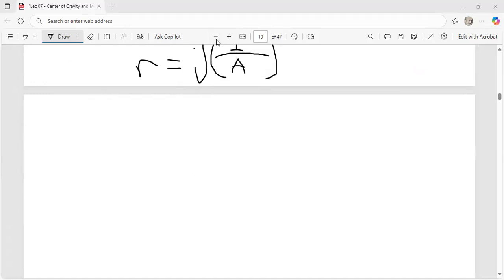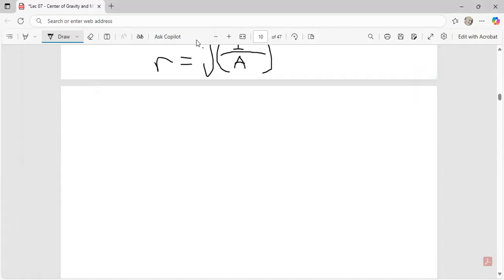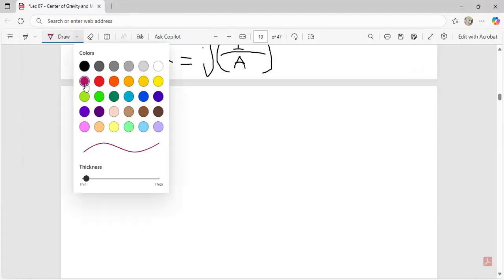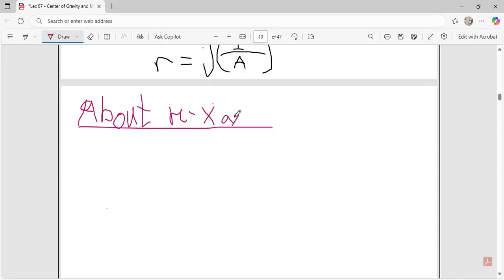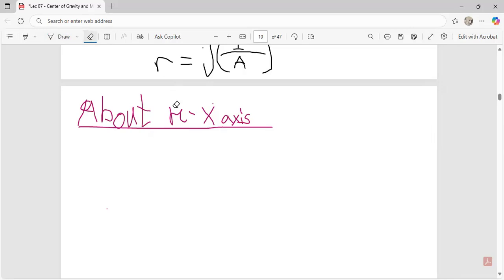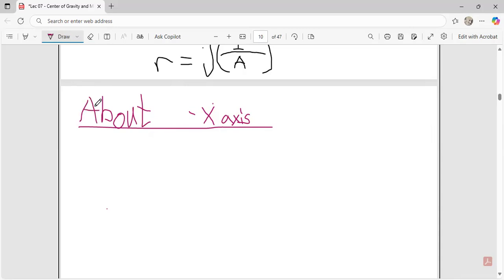In doing so, what does that imply? That implies that we have to do it about X. So this is what I'm writing over here, about my X axis, about my XX axis.